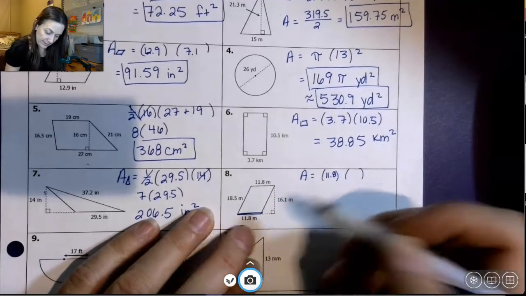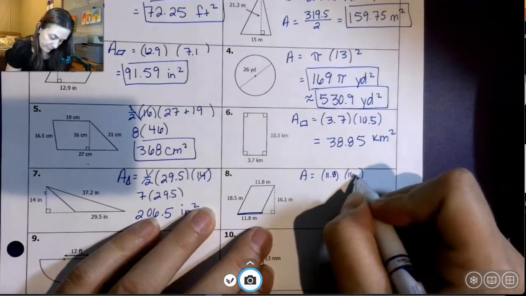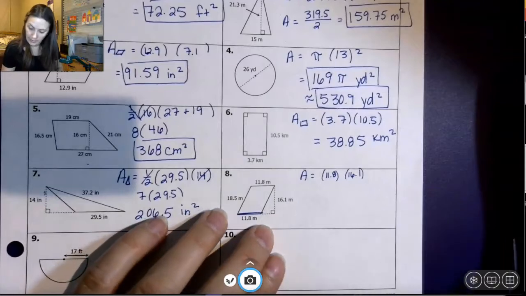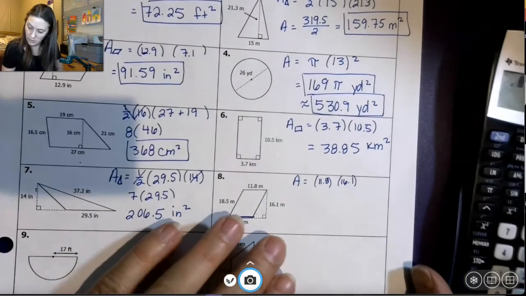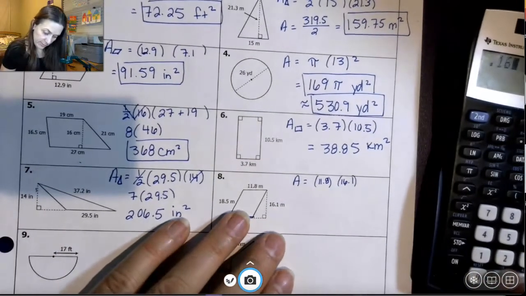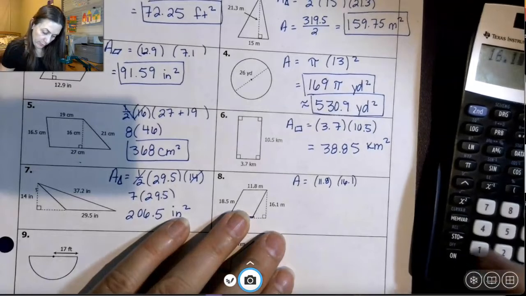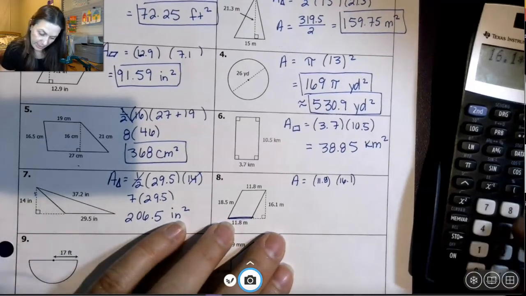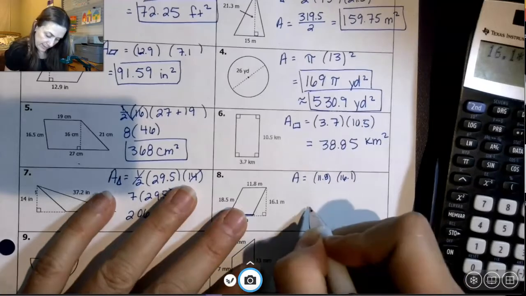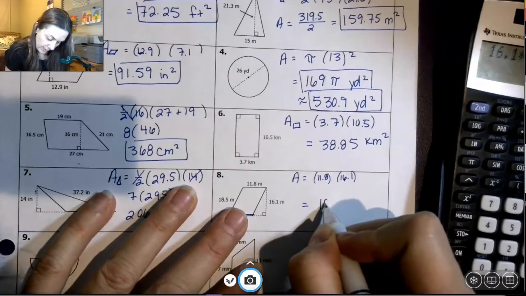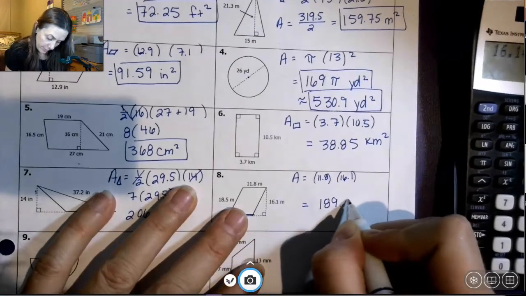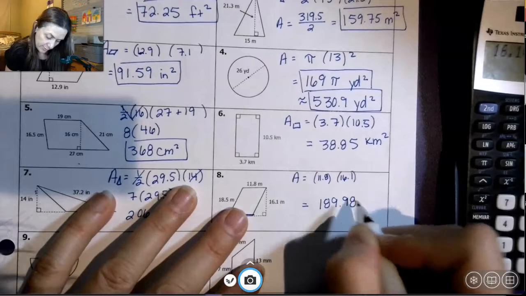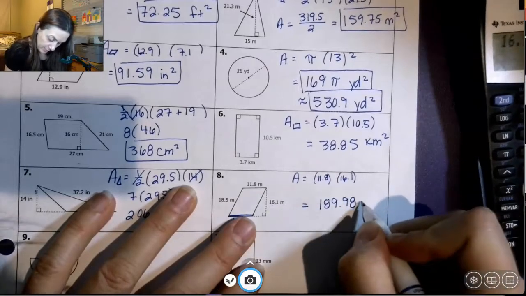The height is the 16.1. That's what I'm going to multiply that by. So I have 16.1 times 11.8. I get 189.98 meters squared.